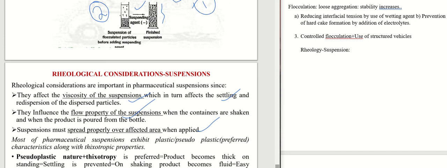And the most important point is that it should have pseudoplastic behavior along with thixotropic behavior.